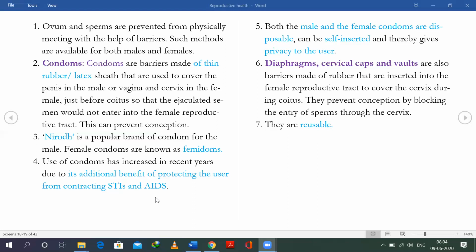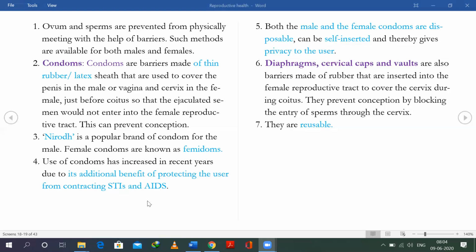So the person can prevent themselves from contracting STIs and AIDS, because you are physically stopping almost everything. As you are stopping the gametes, you are also stopping the contaminating agents, right?